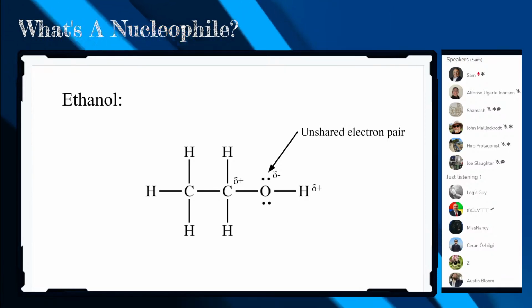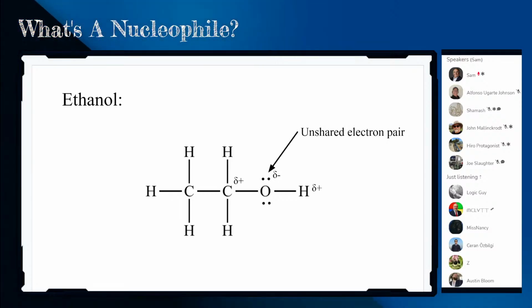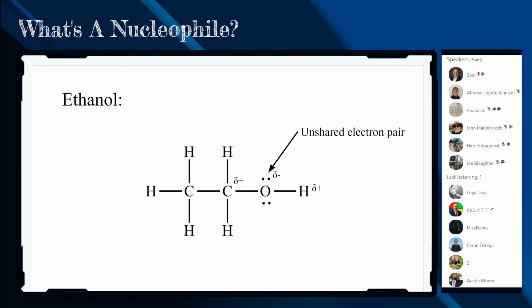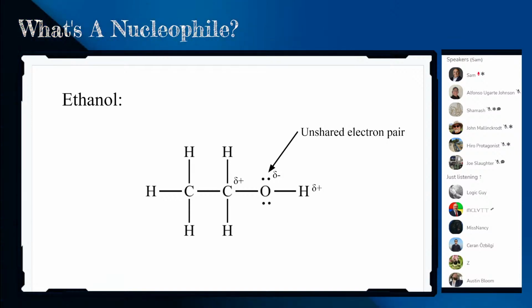One is on the hydrogen, one is on the carbon. If it attacks the hydrogen and grabs it, that's acid-base chemistry. Transfer of H+ from one molecule to another makes the H+ donor an acid and the H+ acceptor a base.